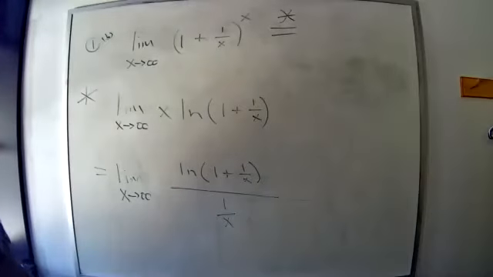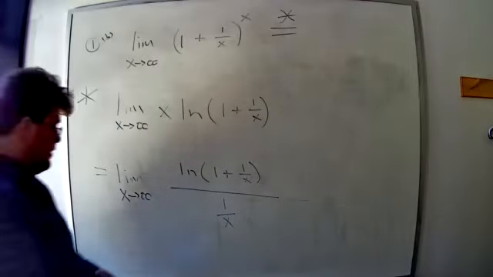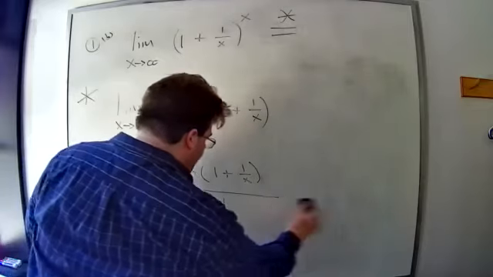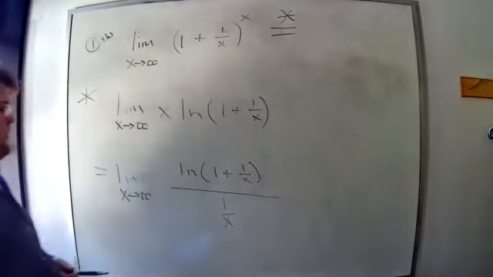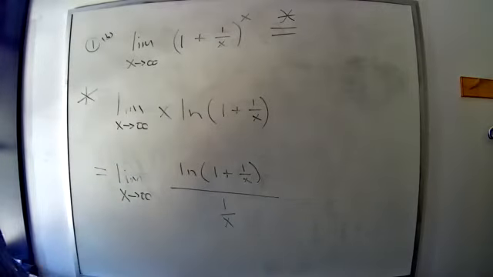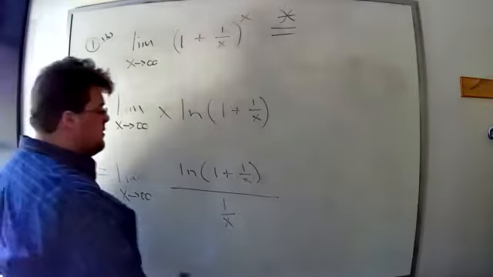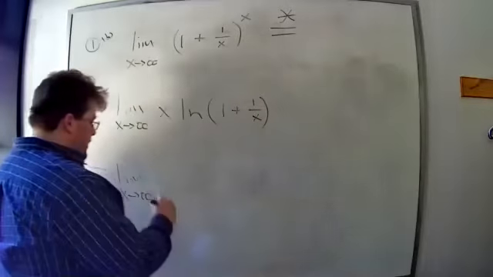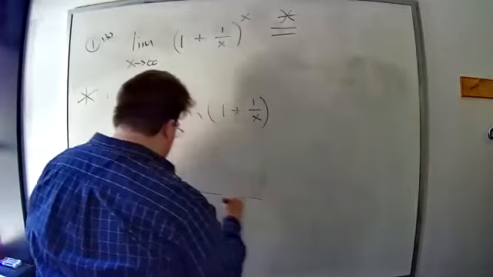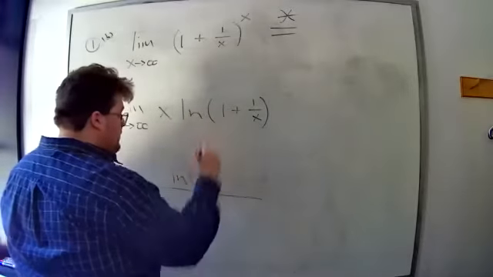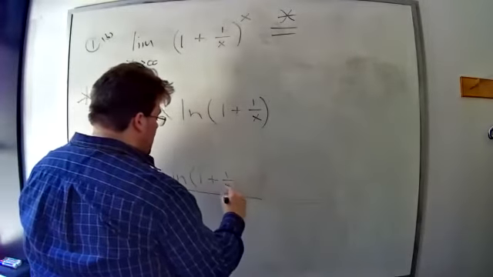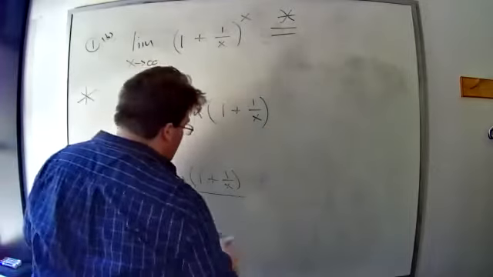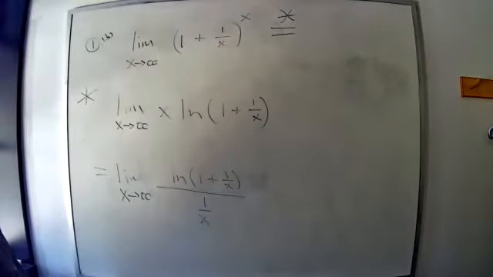Well, an x in the numerator is the same as a 1 over x in the denominator. Now, how does this help us? Well, right now, I'm going to write that fraction a little smaller so that I can write the rest of this on one line. So leave the log of 1 plus 1 over x alone, and put the x in the denominator. Now, why does this help us?